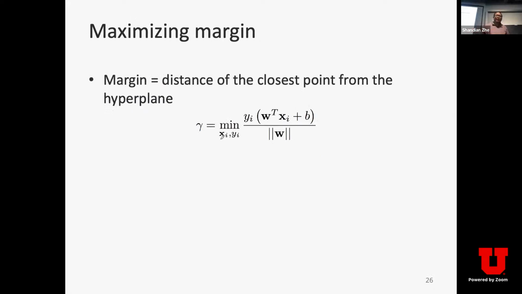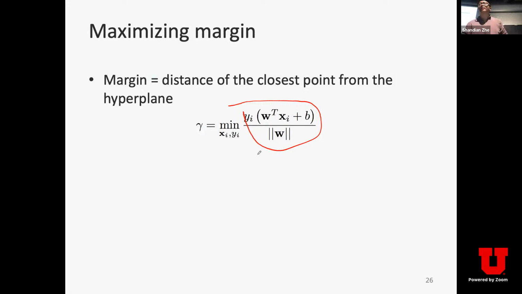Now, let us try to construct a learning objective function that maximizes the margin. According to the definition, margin is the distance of the closest point from the hyperplane. So that means we can write margin as a minimization problem. You just go over every point in the training set and take the minimum of the distance, and you get gamma.